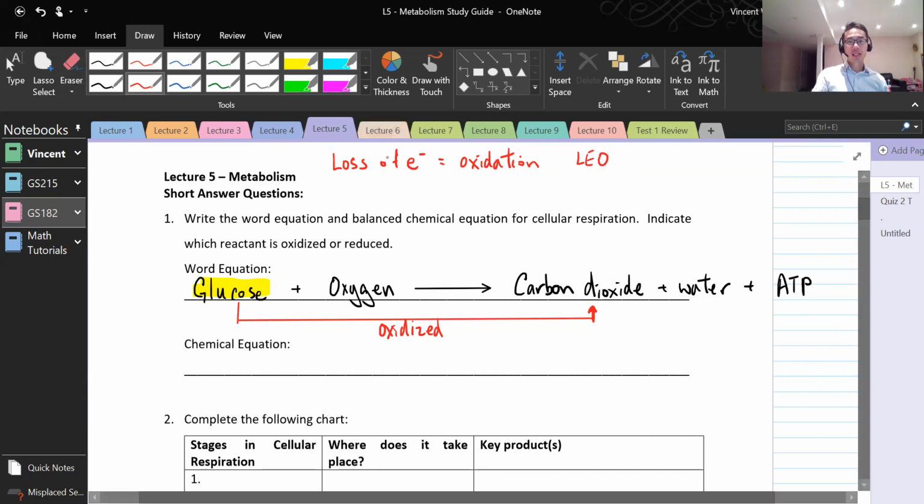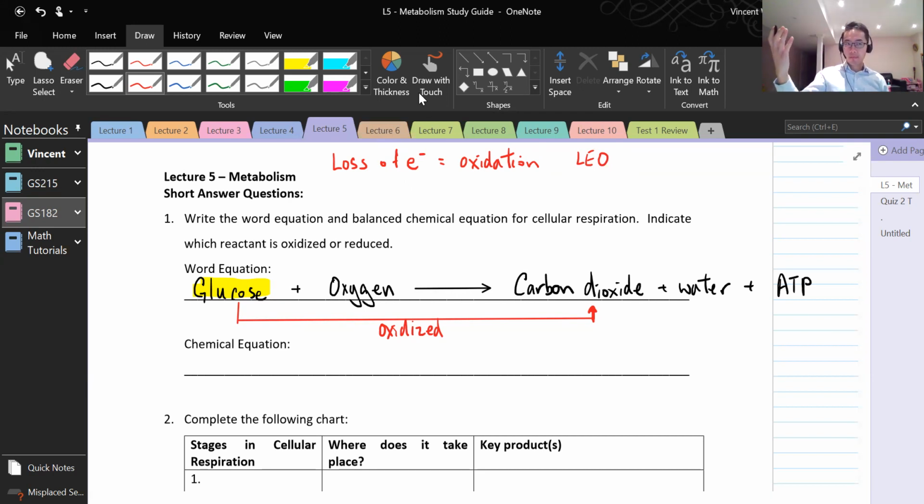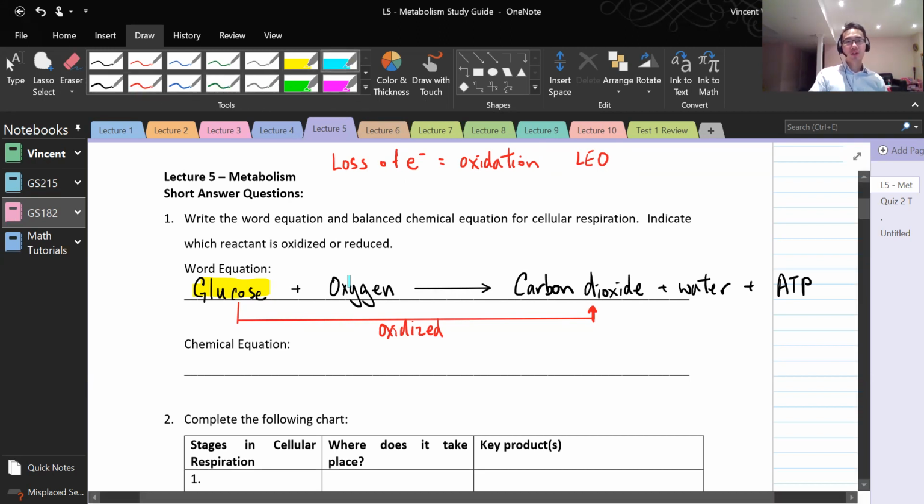Okay, so all those electrons are going to be very high in energy, and we will be capturing those electrons along the way. Okay? Ultimately, the electrons will be transferred to oxygen. Okay? So oxygen is going to be reduced into water. Okay?